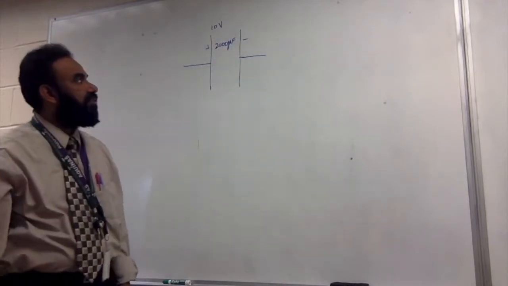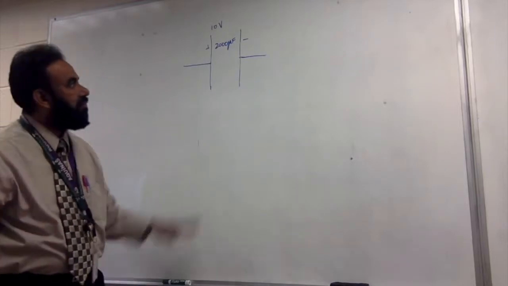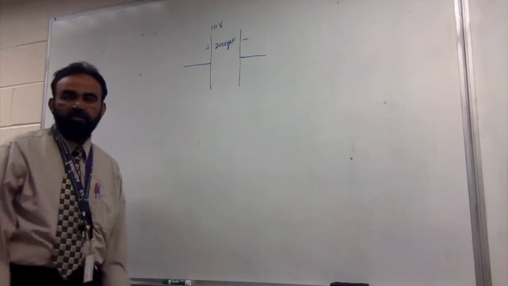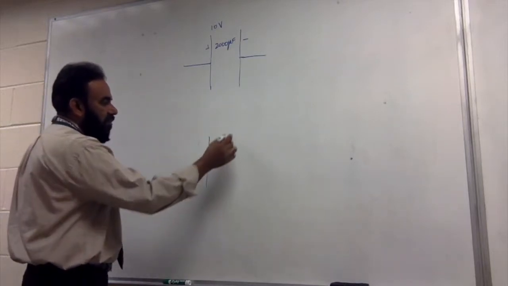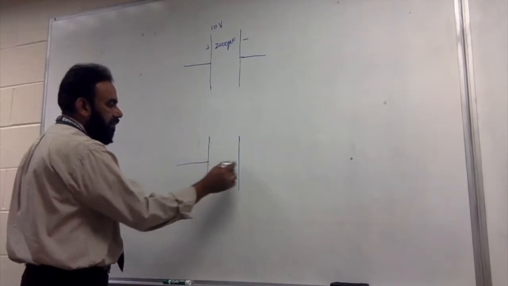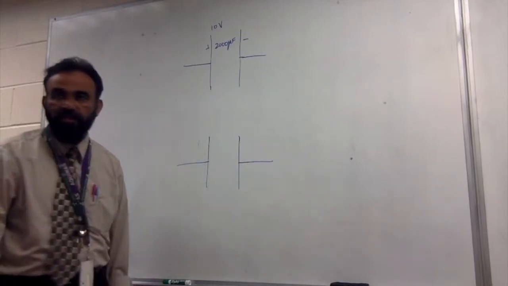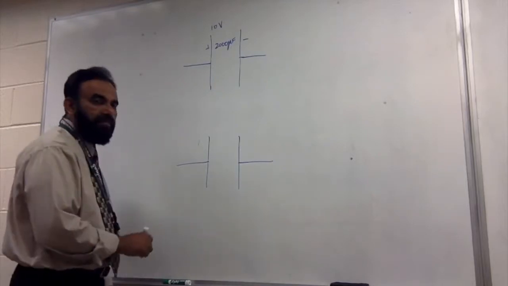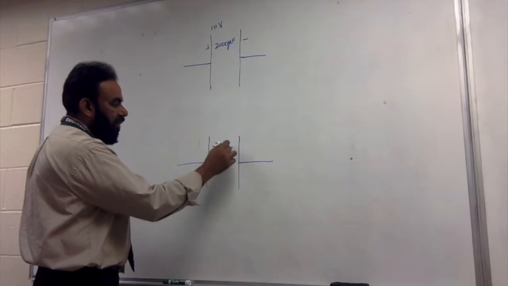So the capacitance is 2000 microfarads and it is charged to 10 volts. Now we have an uncharged capacitor here. This is an empty capacitor. There are no charges on the plates. But its capacitance is 3300 microfarads.